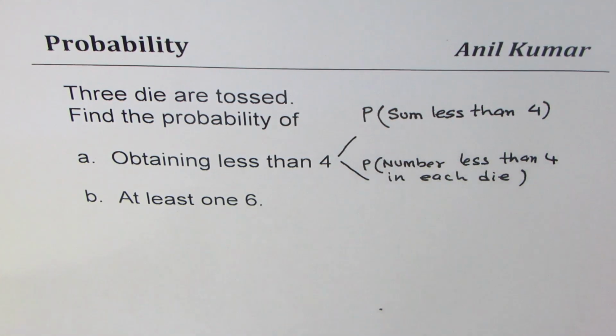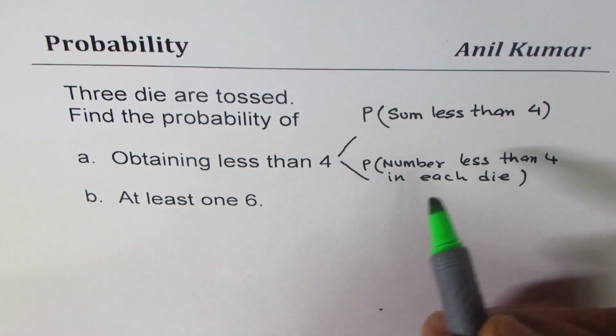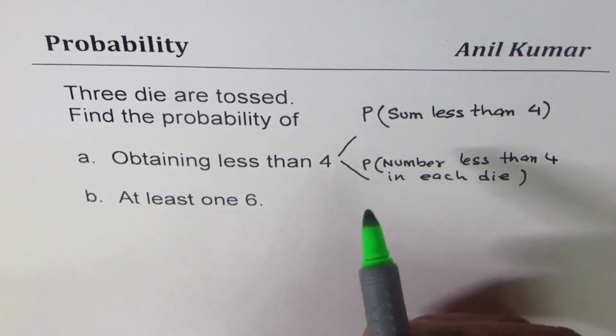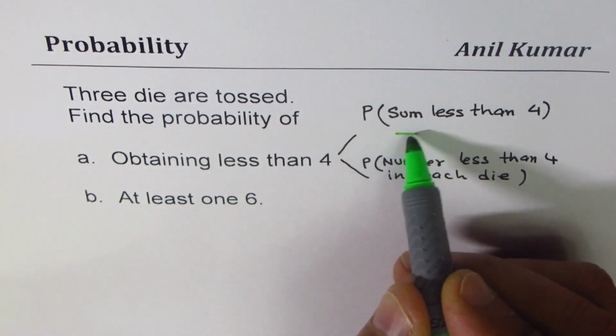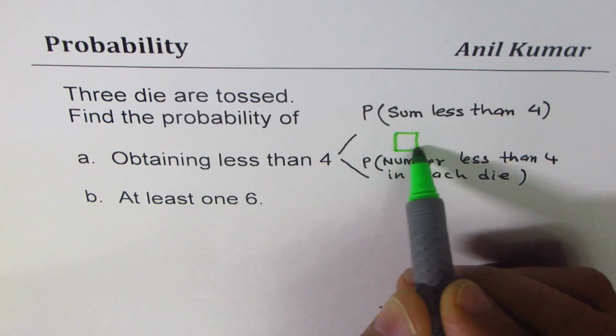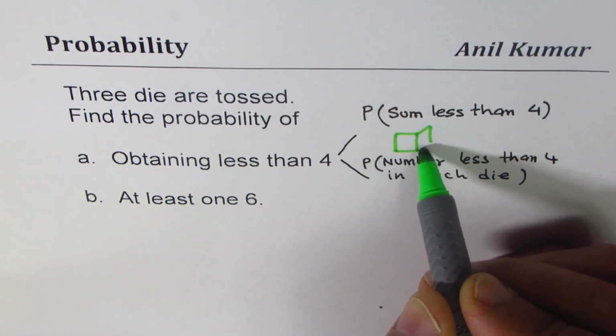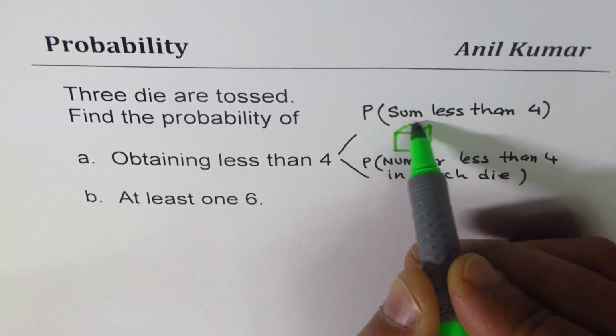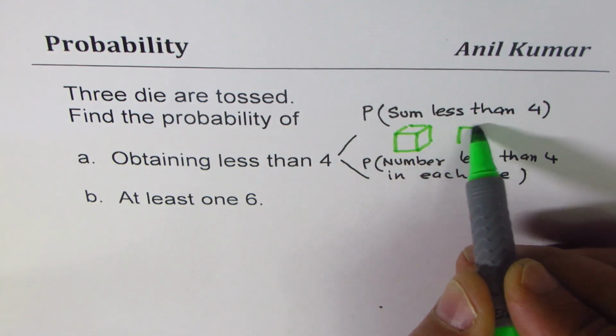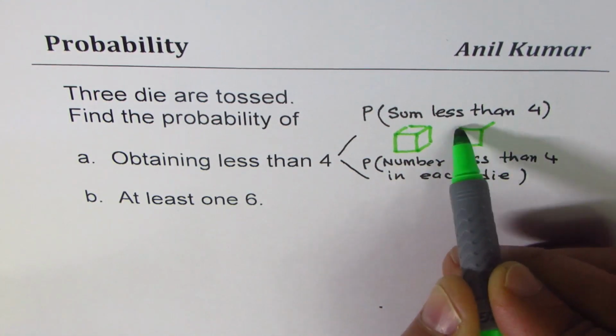Now if I take part number 1 and we are considering 3 dice, let's consider them to be separate. This is my 3 different dice, right?